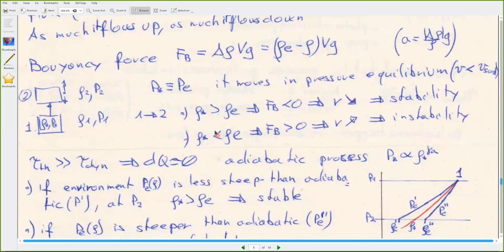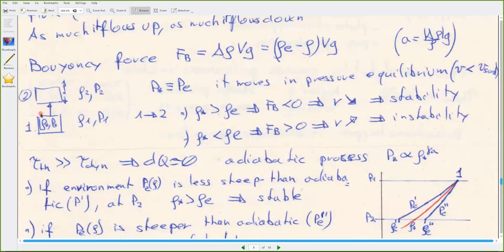If it decreases more, so it is still less than the environment, the buoyancy force will be positive, so the radius will increase again. This is the condition for convection to start and continue, not start and go back with just a little variation.